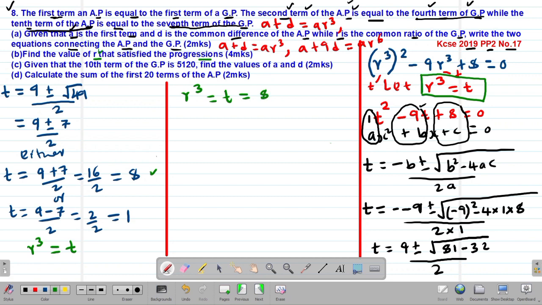So r to the power of 3 is equals to 8. So if we want to find the value of r, I'll take cube root on both sides. So of course, r will be equivalent to, this will give me a positive 2.